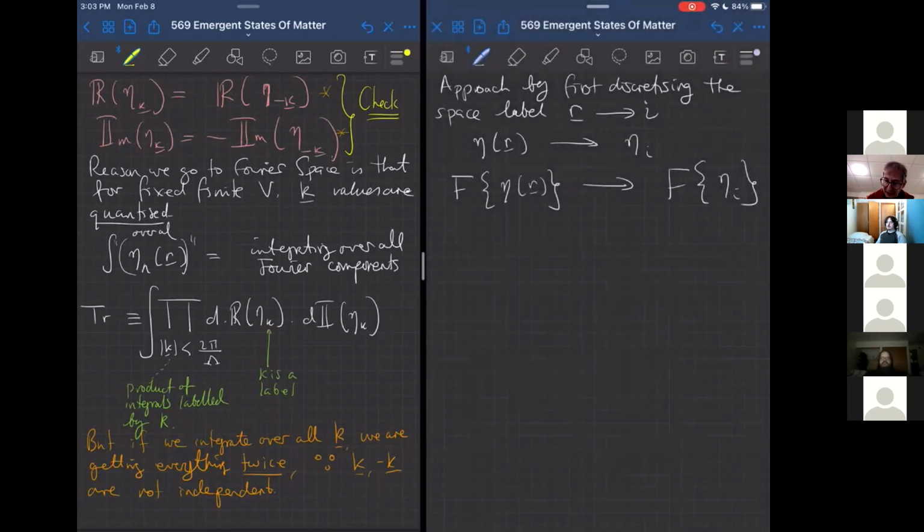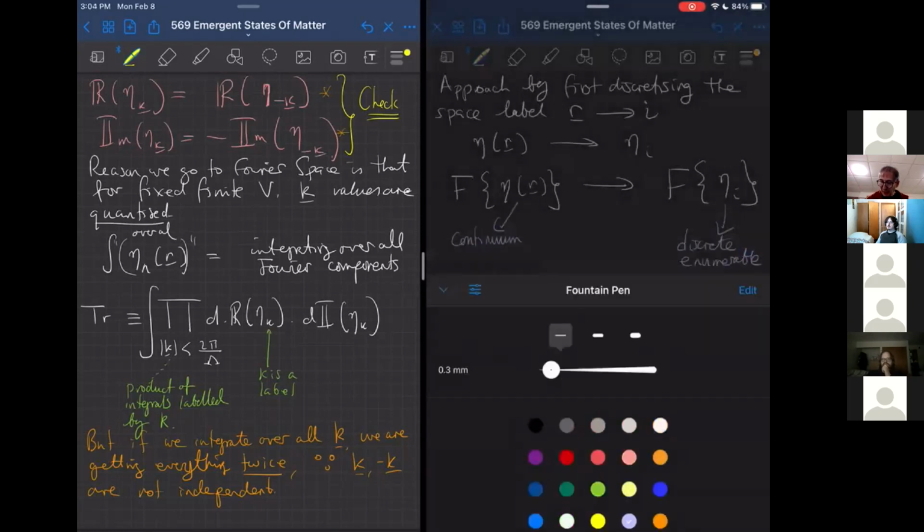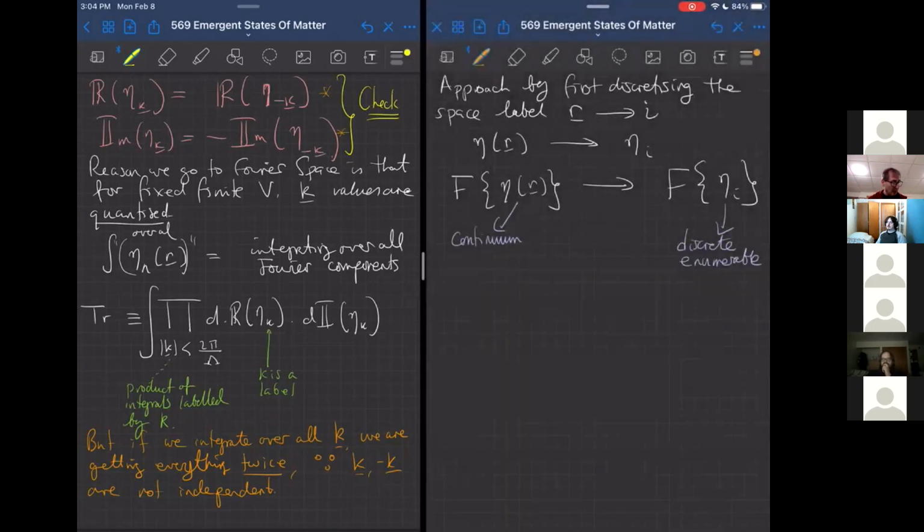On the left here, this is a continuum, and this over here is discrete and enumerable, or countable. So let's suppose that I want to differentiate with respect to one of these variables. f of eta i is just a function of many variables, so I can do partial differentiation.